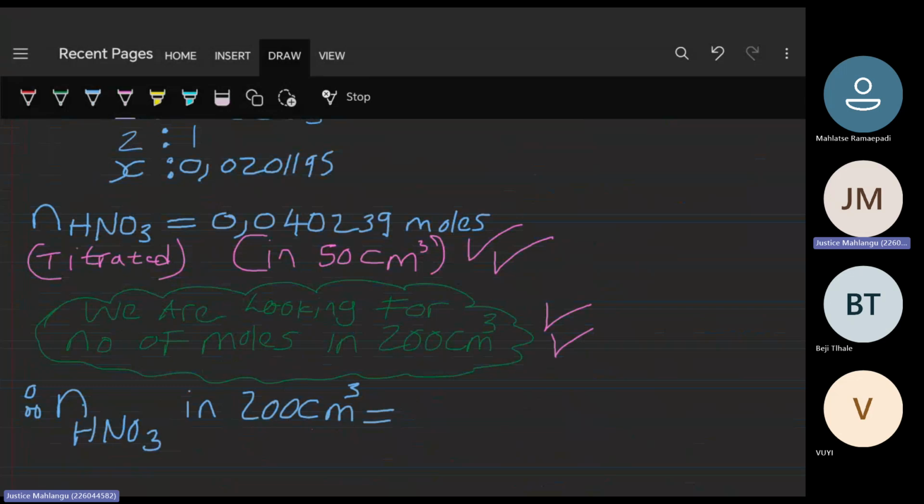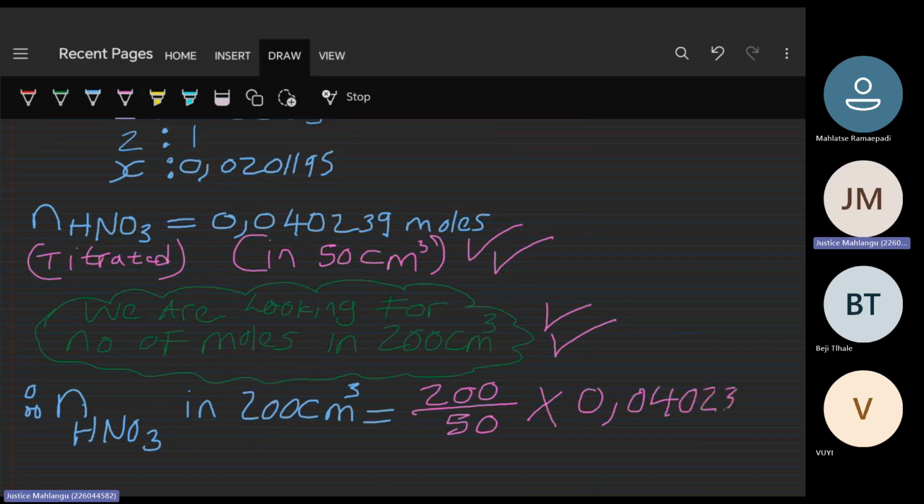So the number of moles of nitric acid in 200 cubic centimeter is going to be 200 cubic centimeter divided by 50, times the number of moles that I got here, 0,040,239.